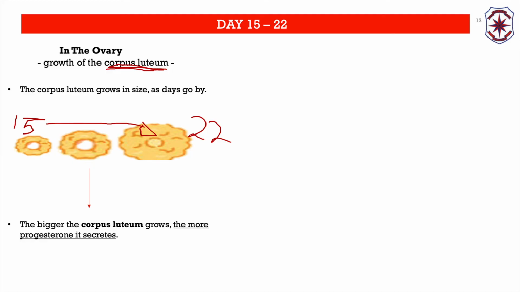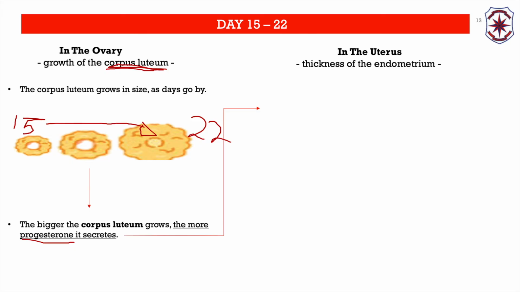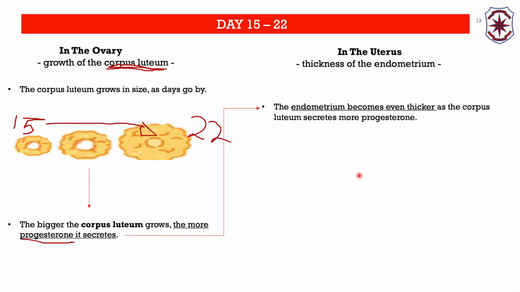The bigger it becomes, the more it secretes progesterone, our last hormone. What does progesterone do? Progesterone acts on the uterus, and here we're looking at the thickness of the endometrium. So progesterone further thickens the endometrium. It makes the endometrium thicker and thicker.